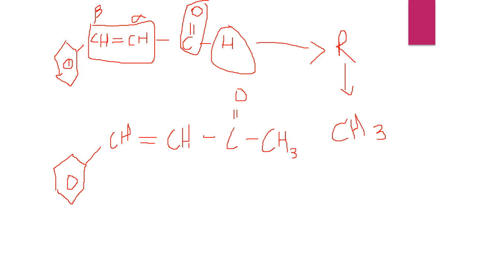In R, as I told you in the first slide, in the place of R we can write CH3, hydrogen, ethane, and so on, the chain of aliphatic carbons. So basically the exchange is between hydrogen and the R group. Hydrogen is for aldehyde and R for ketone.